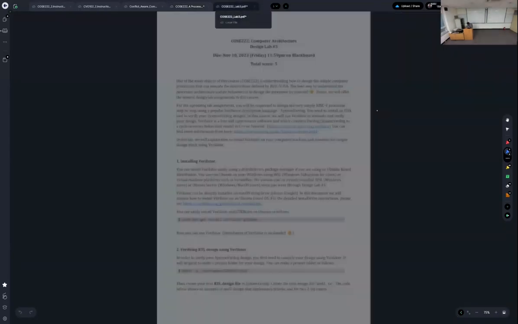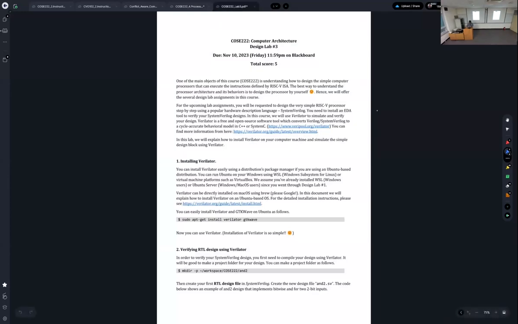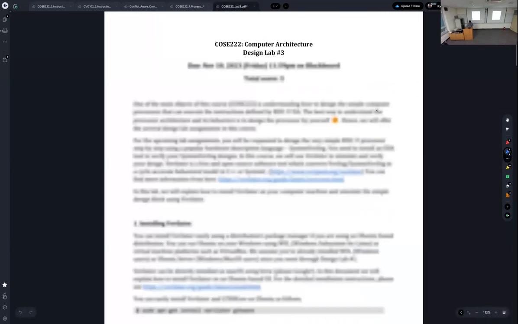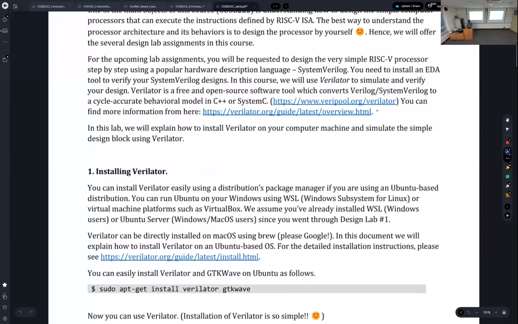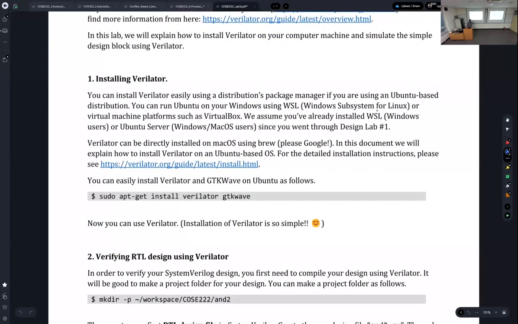Before completing today's class, I will briefly explain the third lab. In the third lab, you need to use the EDA tool, the design tool called Verilator. You need to install Verilator on your WSL or Ubuntu.